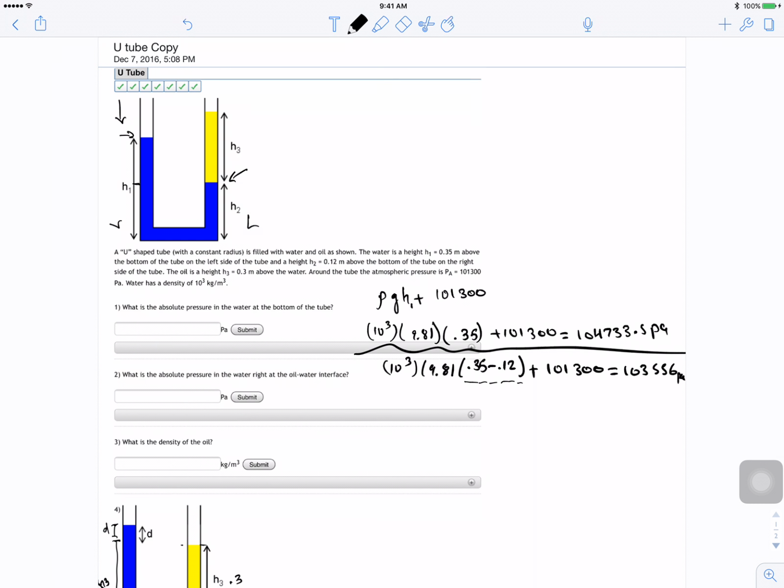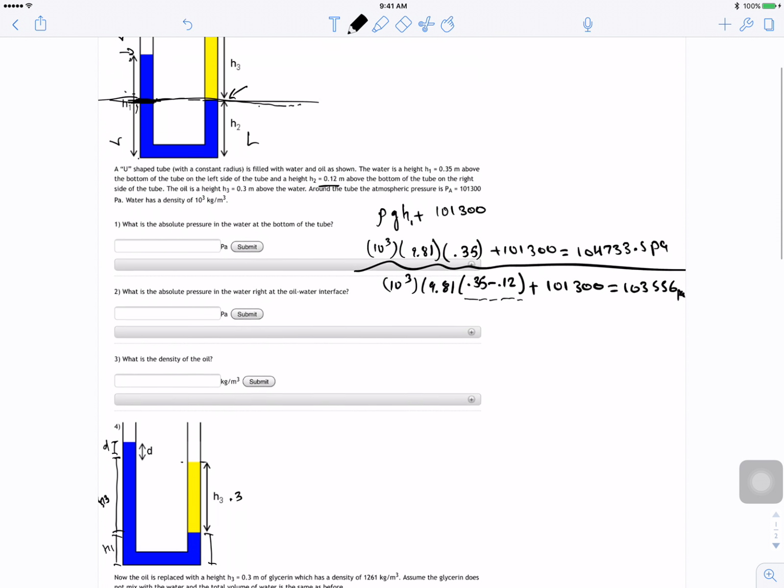They gave us that H2 was 0.12, and the pressures at these two points are the same. So 0.35 is the whole distance, minus 0.12, which is from here to here. I found the weight of the water from here to here, and then added the atmospheric pressure.